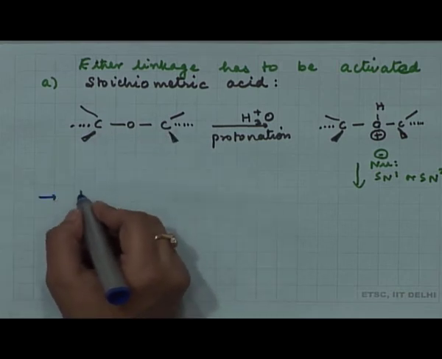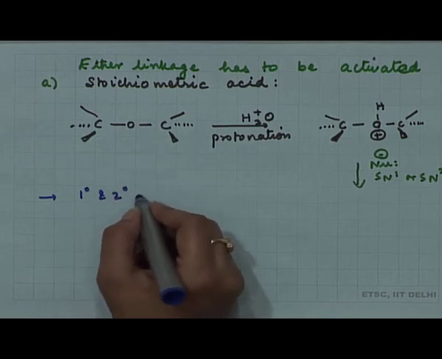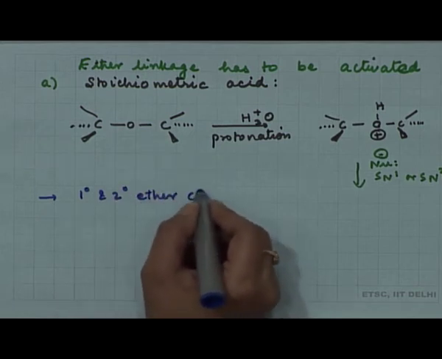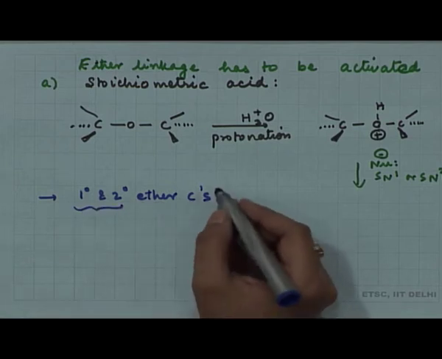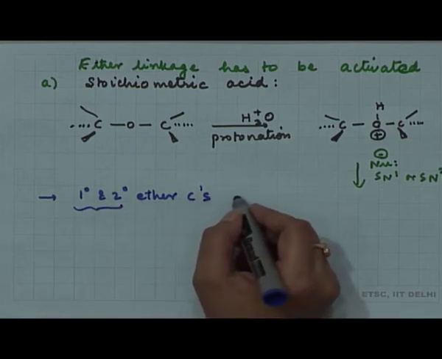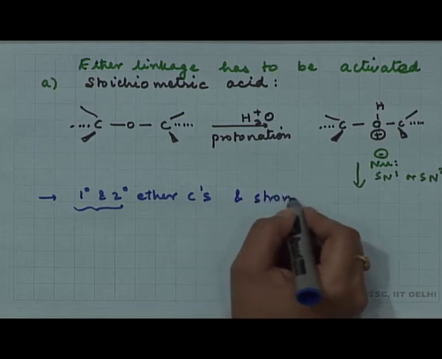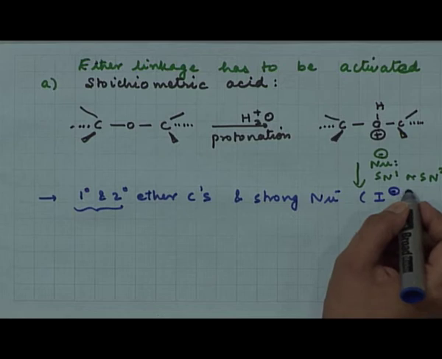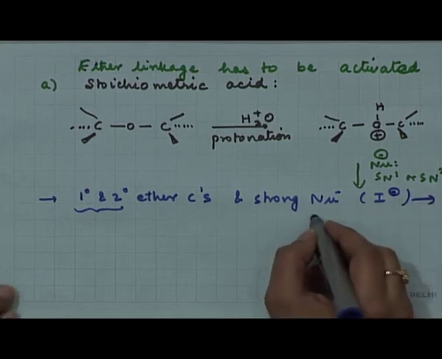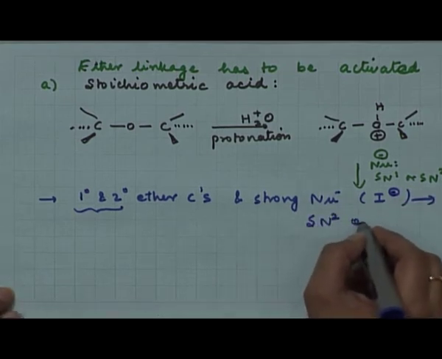If you have 1 degree and 2 degree ether carbons, that is, if your ether comprises alkyl groups which are 1 degree and 2 degree, and you have a strong nucleophile, let us say an iodide, then it is the SN2 path which will operate.